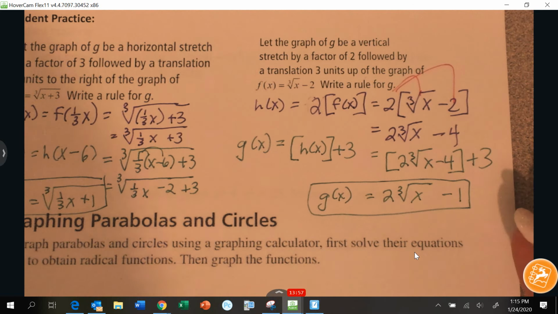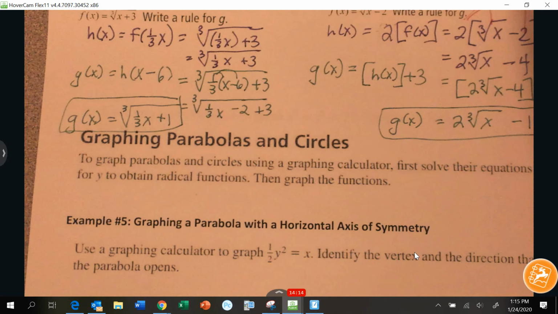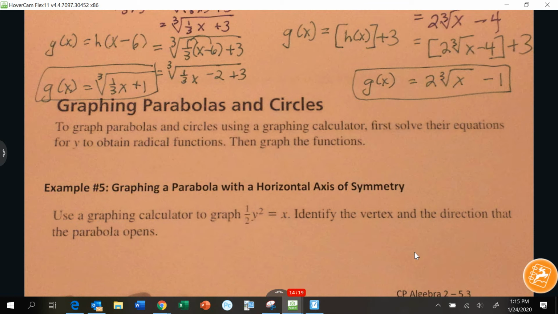And then once you get through this part of the notes, the last part of our notes today, we are going to graph by hand.